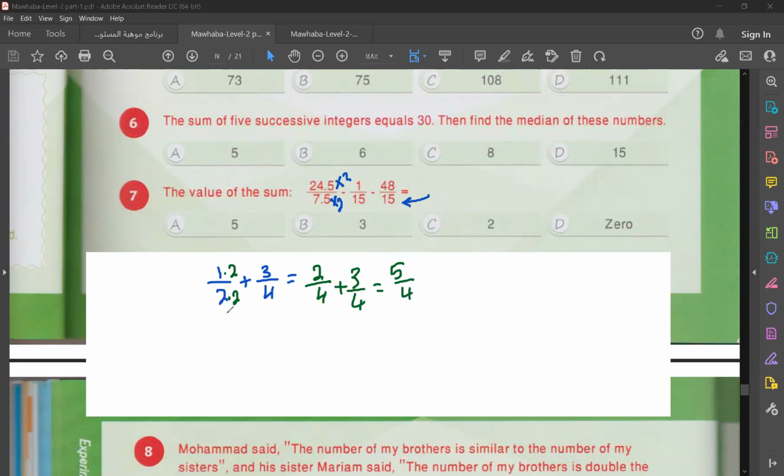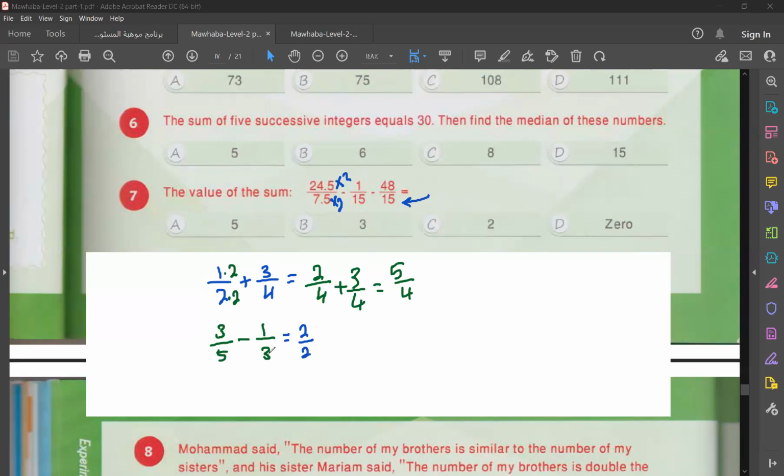The same applies in subtraction. If I have 3 over 5 minus 1 over 3, what is the result here? Is it correct to put 2 over 2?